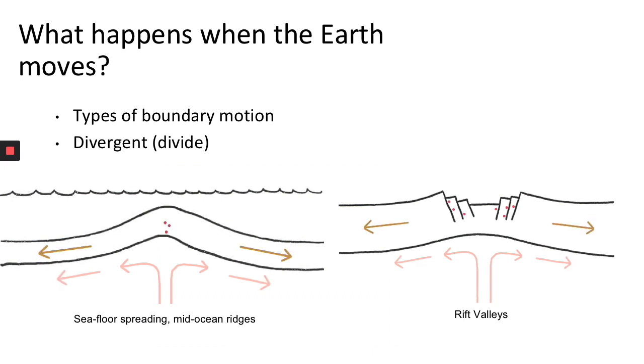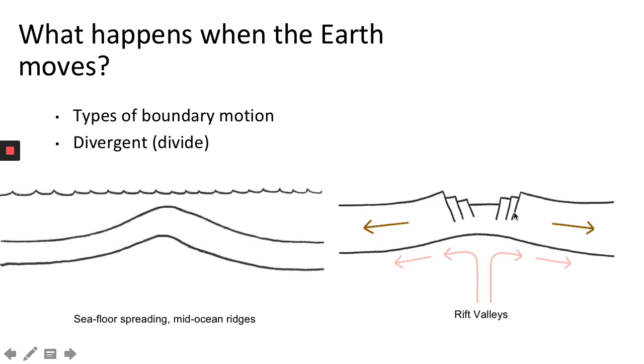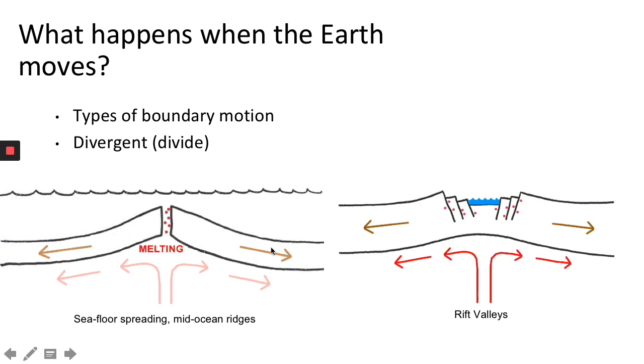The first one that we can see here are divergent boundaries. And lots of things are going on in these pictures here. I have two animations for you to look at. On the right side here is continental crust, and on the left side over here is oceanic crust, and you can see with these arrows that the crust is moving away from itself.